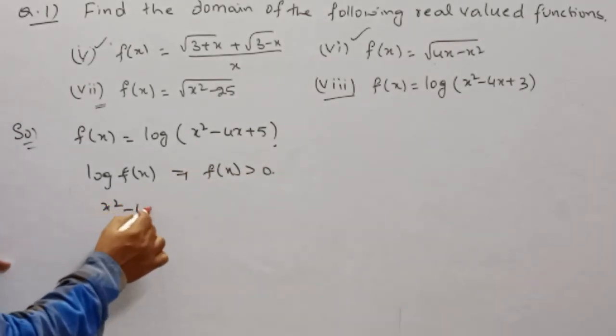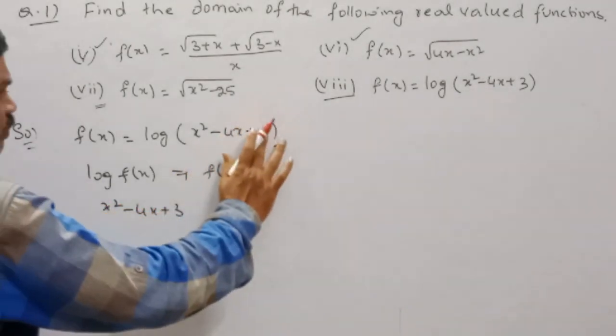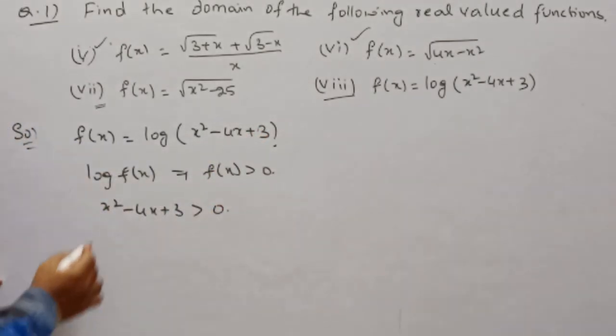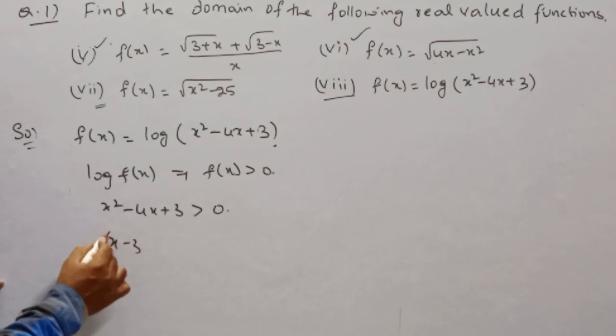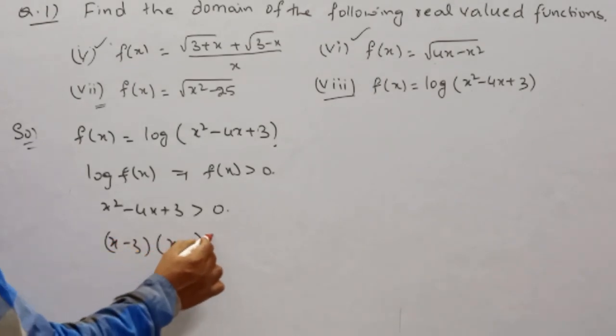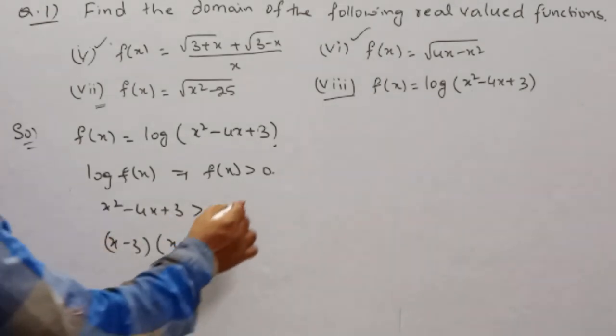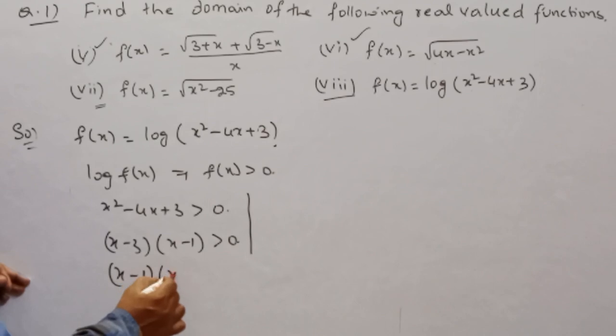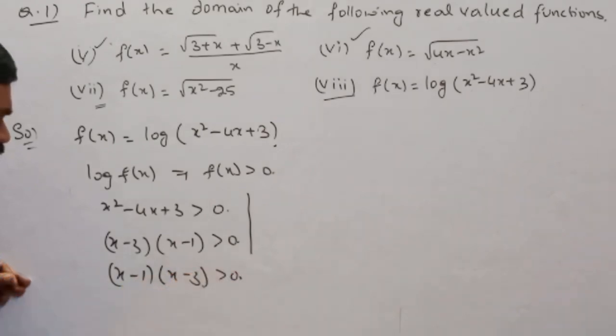X square minus 4x plus 3 greater than 0. Means what? X minus 3 into x minus 1 greater than 0.